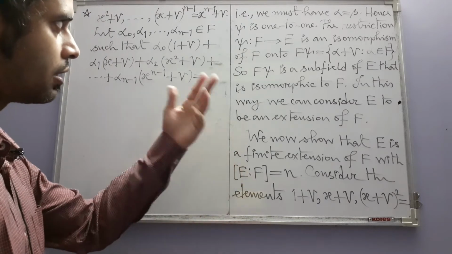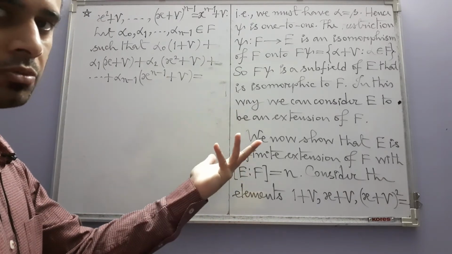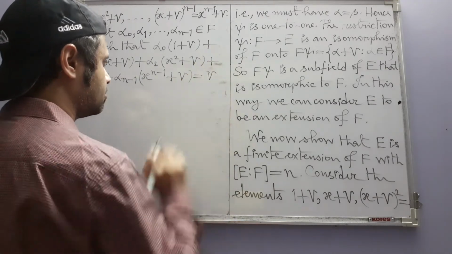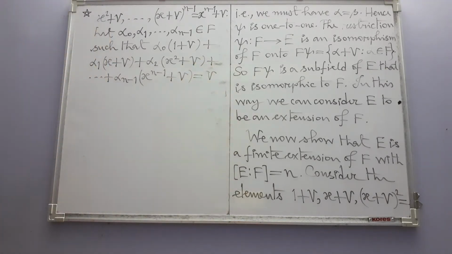Because E is our quotient F[x] by V, the 0 element is V itself. Don't forget that. That is the 0 element in E.